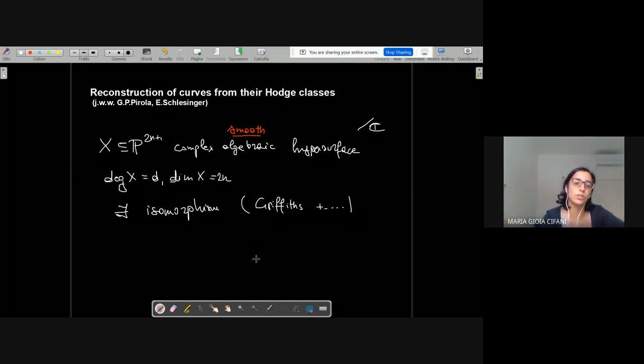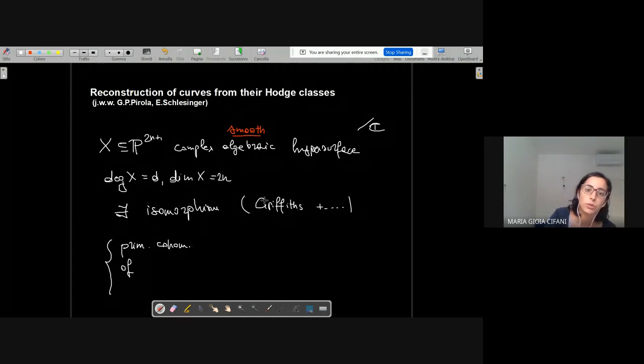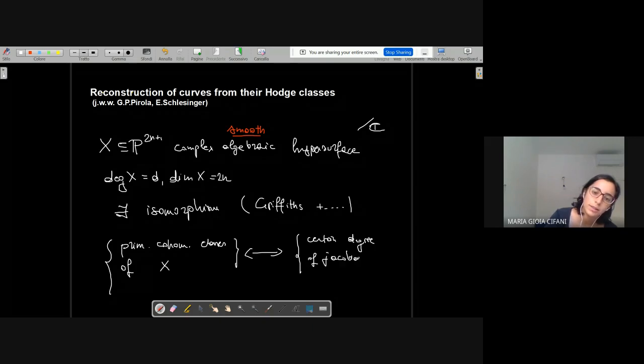It is due to Griffiths. It is between the primitive cohomology of X in the middle degree and a certain degree of the Jacobian ring of X.